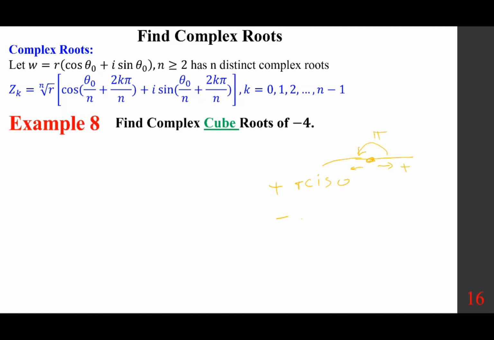So a negative number is R cis pi. So if I have, for example, 4, it's 4 cis 0, but if I have -4, which is negative, it's 4 cis pi. So that's an example.